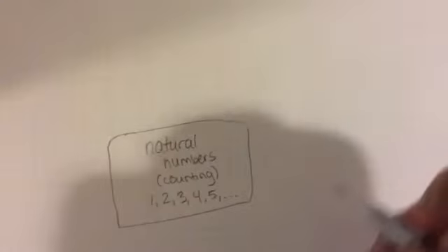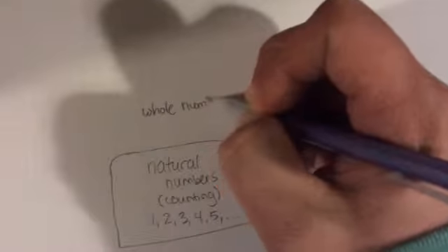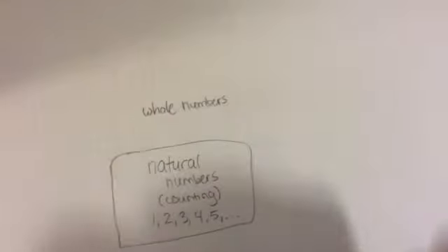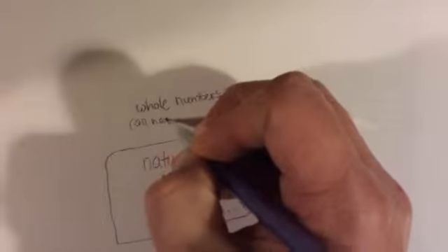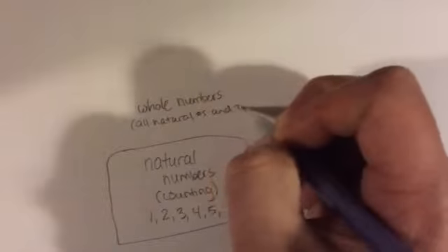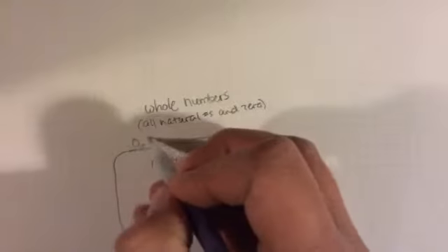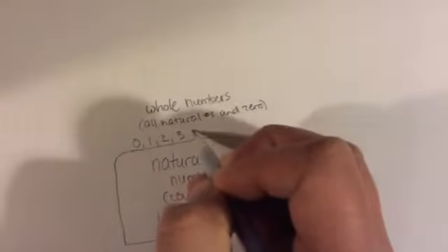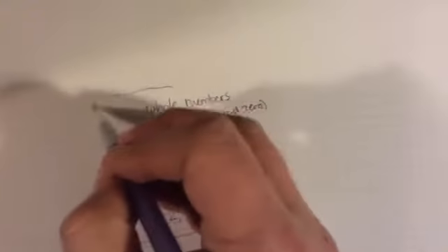The next set of numbers that I have would be whole numbers. Basically, the whole numbers are all of your naturals and 0. So I pretty much start with 0, 1, 2, 3, 4, 5, and so on. Again, that goes out into infinity.